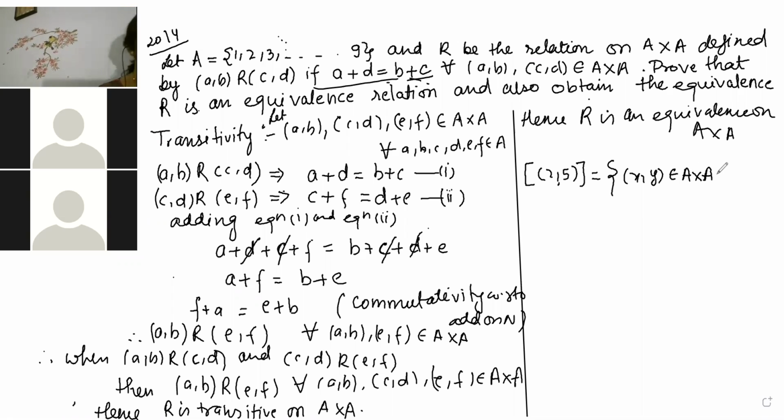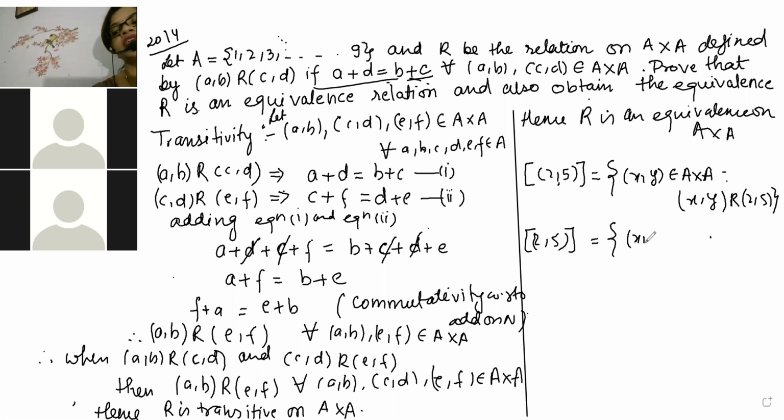Such that (x, y) is written first and related to (2, 5). This content writing is very important. Always write (2, 5) in brackets. It will be written as (x, y) belongs to A cross A such that, first with fourth, second with third, x plus 5 is equal to y plus 2.